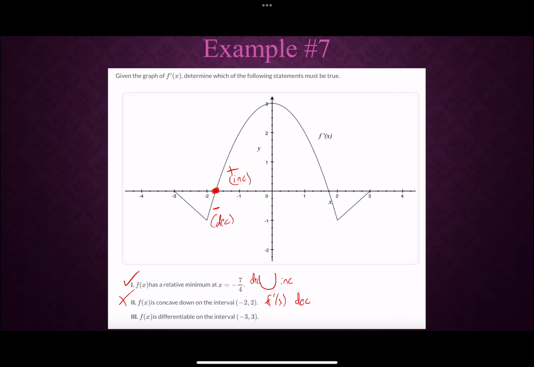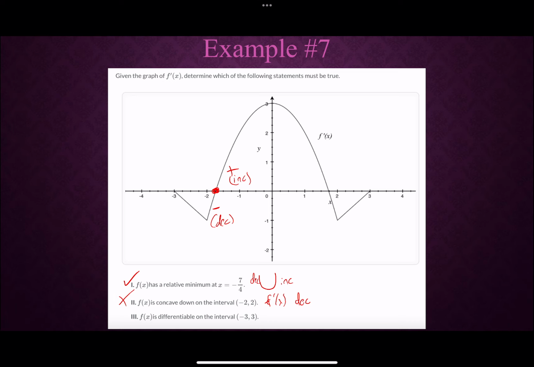And then finally, is it differentiable from -3 to 3? So this is a trap. You can clearly see at -2 and 2 there are those sharp turns. You're like, oh, it's a sharp turn, the derivative does not exist. And that is true. However, this is the graph of the derivative. If you're given the graph of the derivative, everywhere there's an actual physical point and not an open circle hole or vertical asymptote, the derivative exists because it's part of the graph of the derivative.